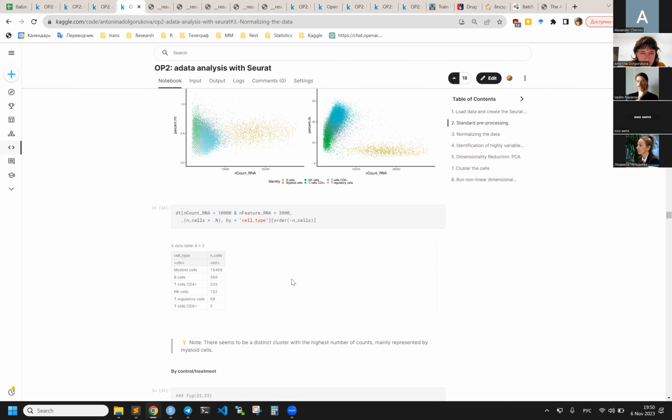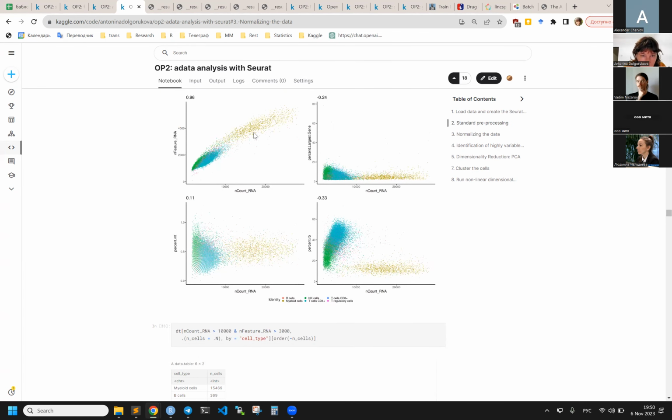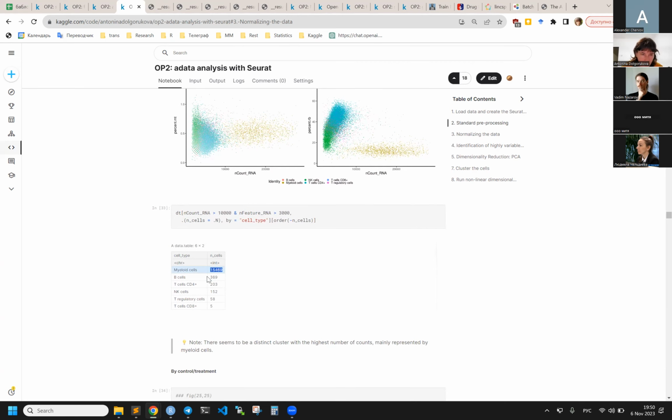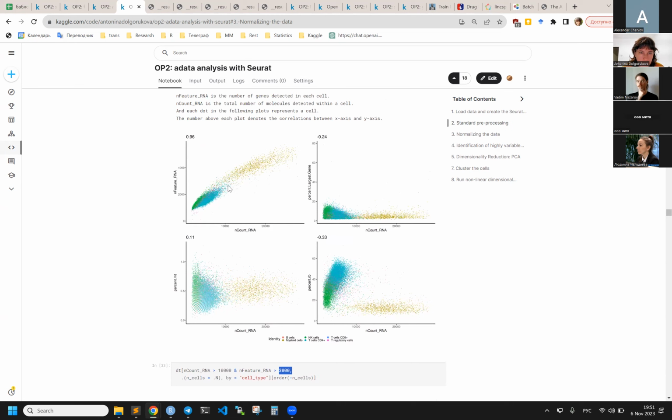So I just wondered about this cluster. We cannot see it because there are very few dots, right? So let's look at the numbers. I filtered all cells with counts above 10,000 and number of genes above 3,000 to separate this cluster here.